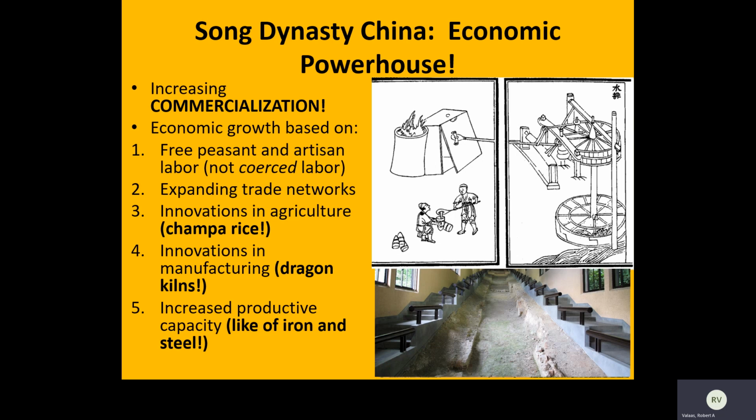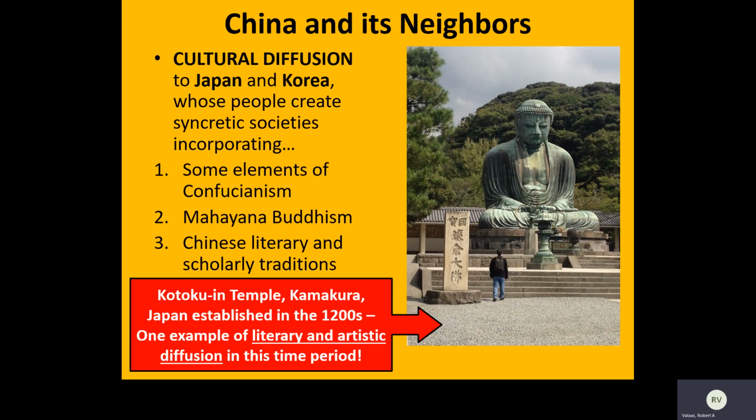This happens to be a diagram from a Chinese manual from the 1300s about how you can harness water power here to pump the bellows in your steel mill and make more steel than anywhere else on Earth. So keep in mind the great productive capacity of China.